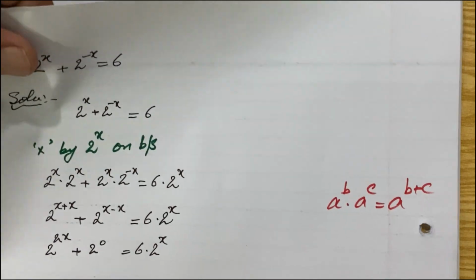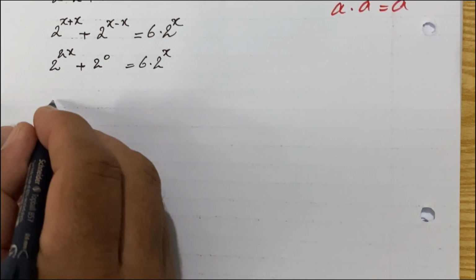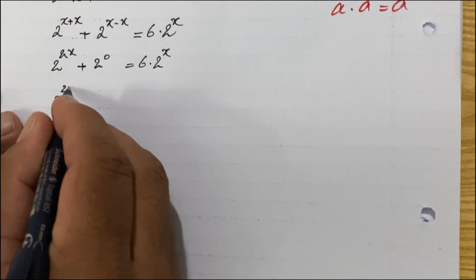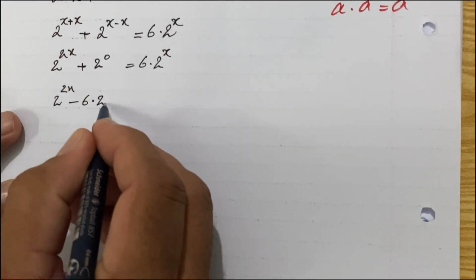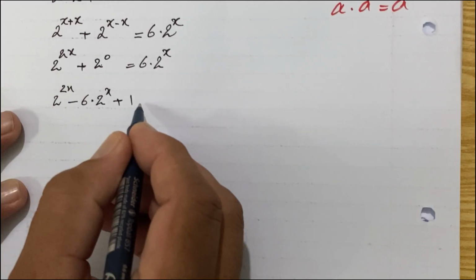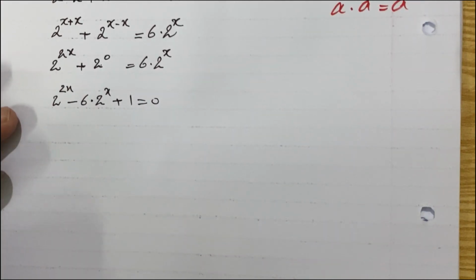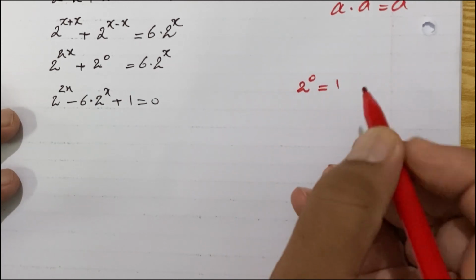Now 2 raised to the power 2x minus 6 into 2 raised to the power x plus 2 raised to the power 0 is equal to 0. 2 raised to the power 0 is equal to 1.